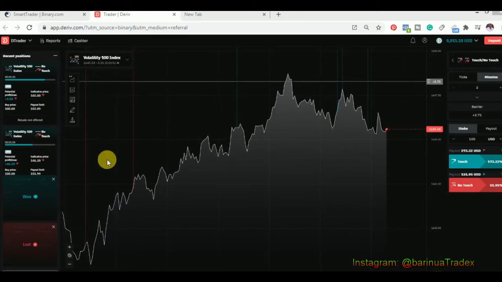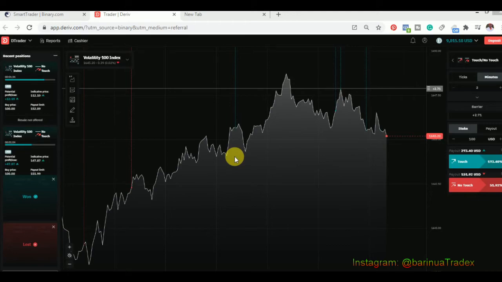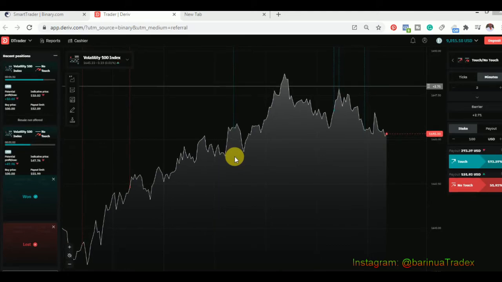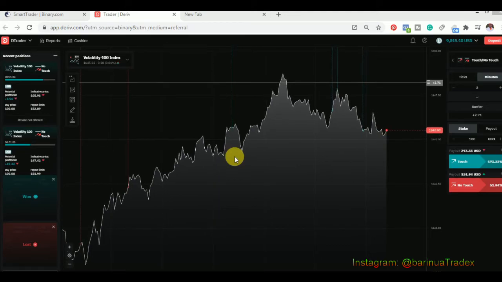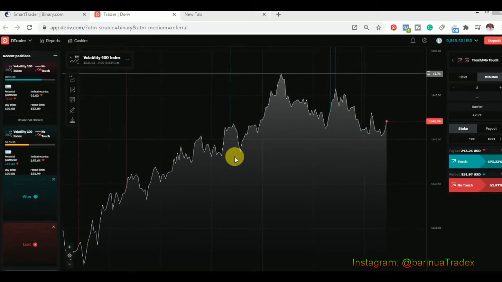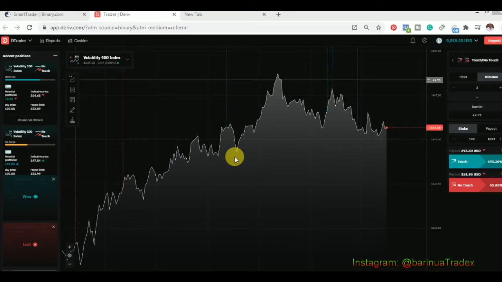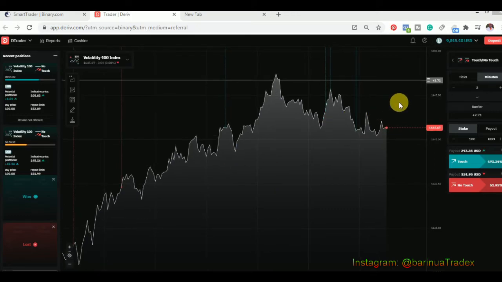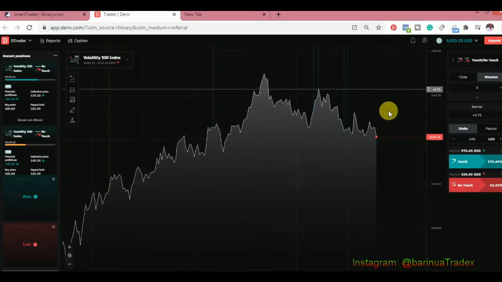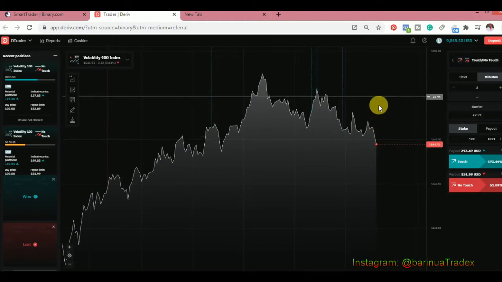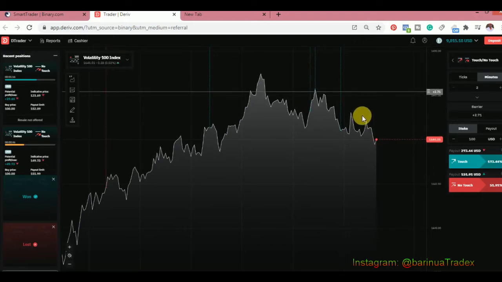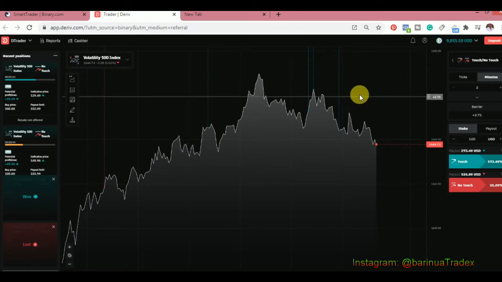Here is one thing I would have loved Deriv to add to their chart: a kind of limit showing where the trade will stop, or showing where the barrier is.